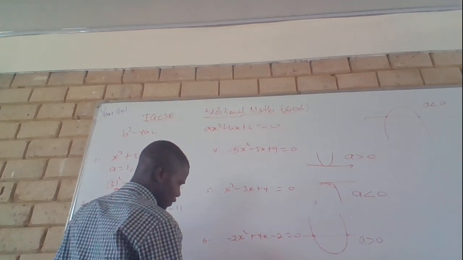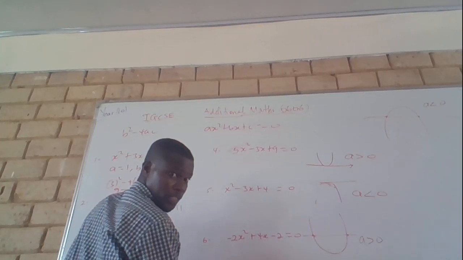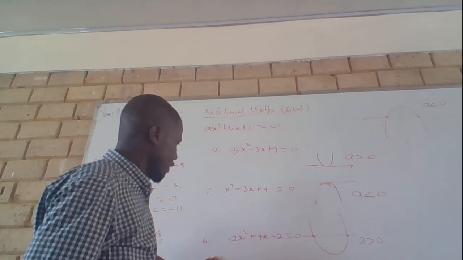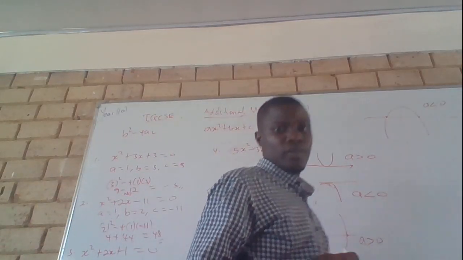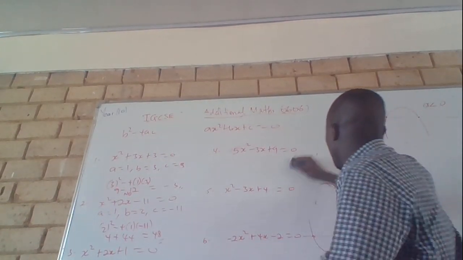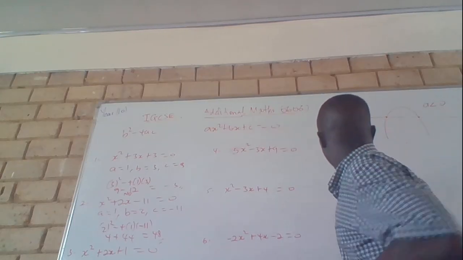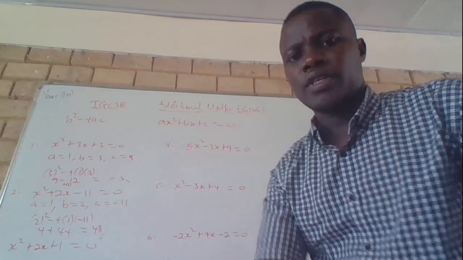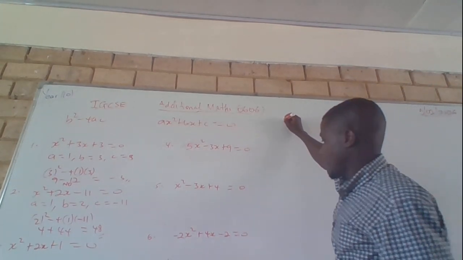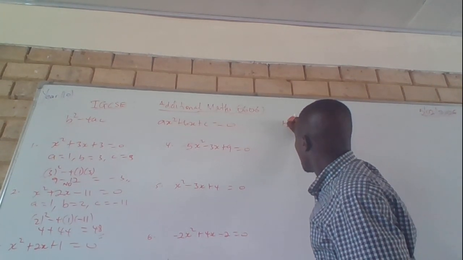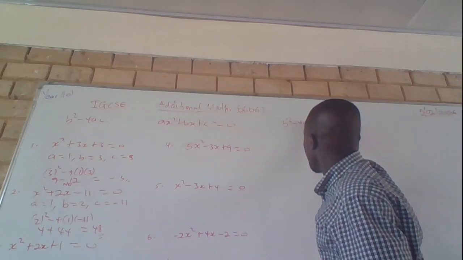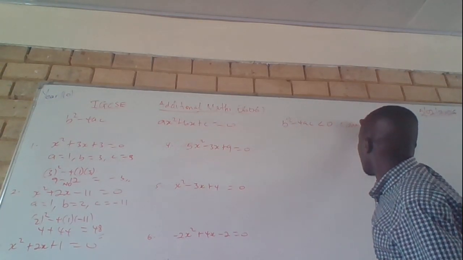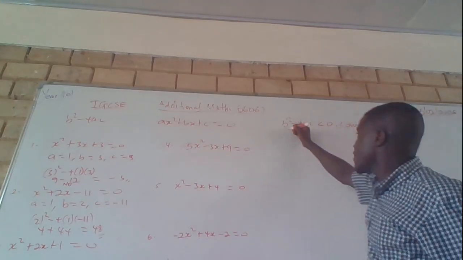And if this equals b squared minus 4ac, oh, you cannot see here. Sorry for that. Let me come here. So if we have a situation where b squared minus 4ac is less than 0, we say we have complex roots, or no real root according to the examination board.